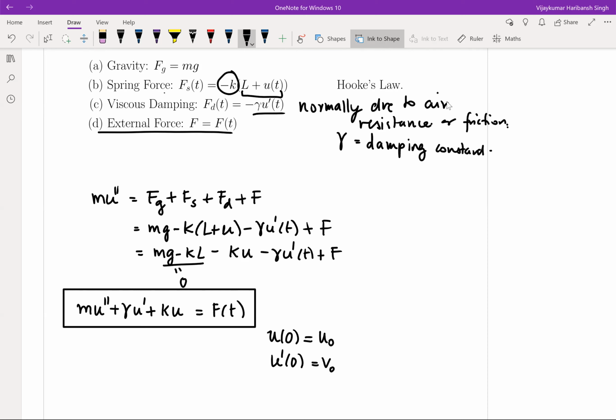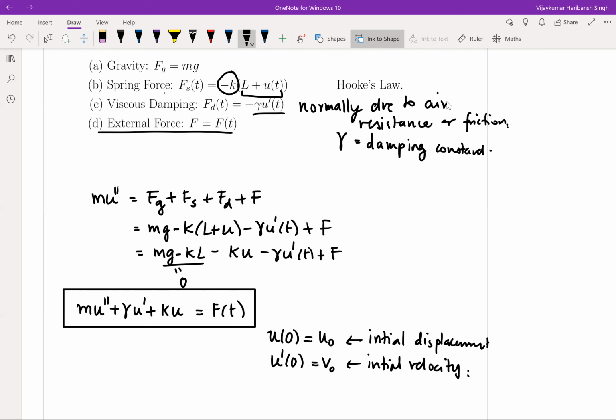So an initial displacement and initial velocity are given to you. So this captures your motion of the spring.